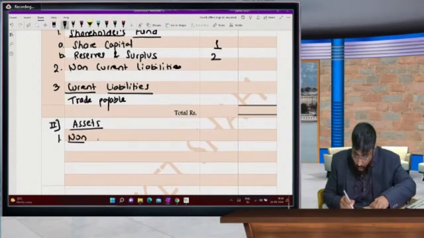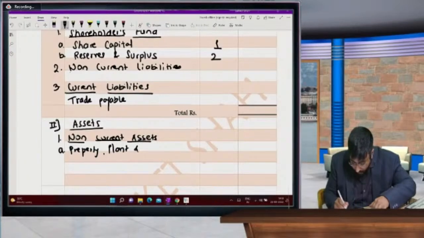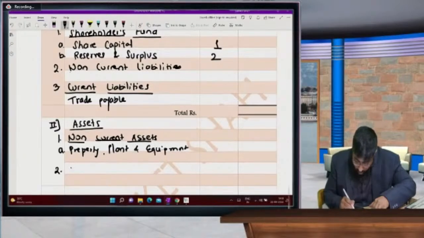Under that, non-current assets. Under that, A, property, plant and equipment. Number 2, current assets.